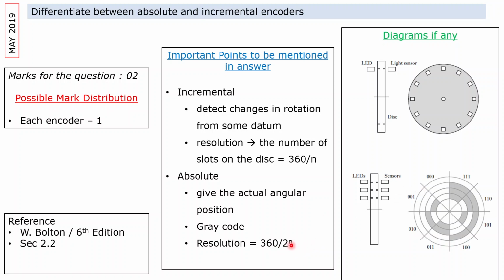If n is 3, you can see 3 bits here, which means 3 slots, and likewise 3 LEDs to get the pulses. The number of sectors is equal to 2 raised to n, so 2 cubed, which is 8. You can count here 1, 2, 3, 4, 5, 6, 7 and 8. This is a 2 marks question, so you need to mention only these points. If you supplement a diagram, it will be an added advantage.